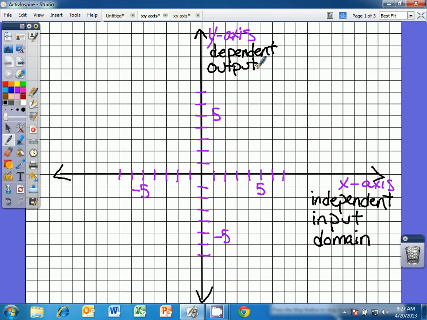We've called the y-coordinates a function of x because they depend on x, and our notation for that is f of x. And finally, another name that we have used for the y-coordinates is range.